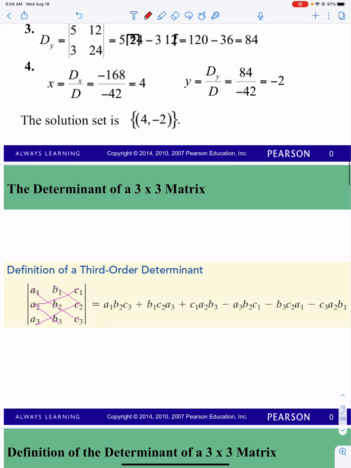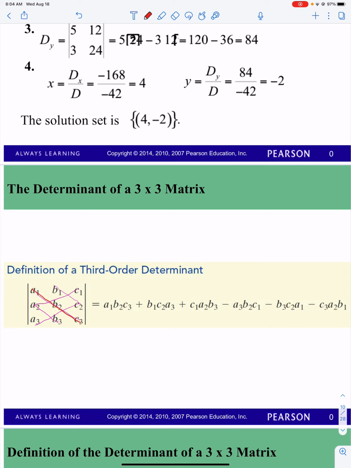Okay. So the definition: what will be the determinant of a 3 by 3 matrix? It will start with the diagonal from the top.